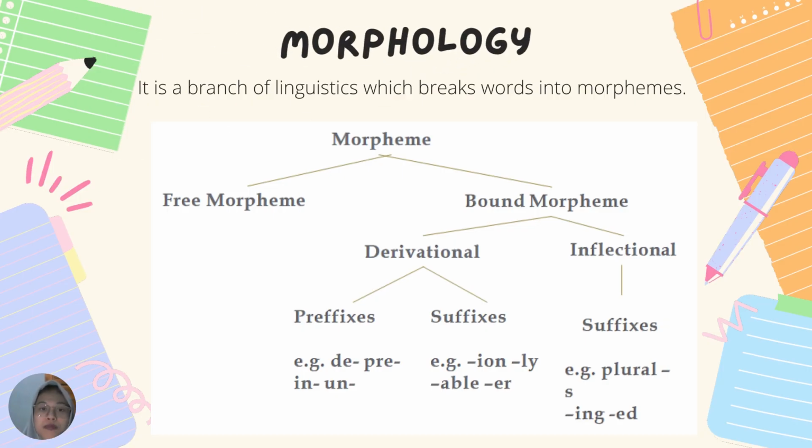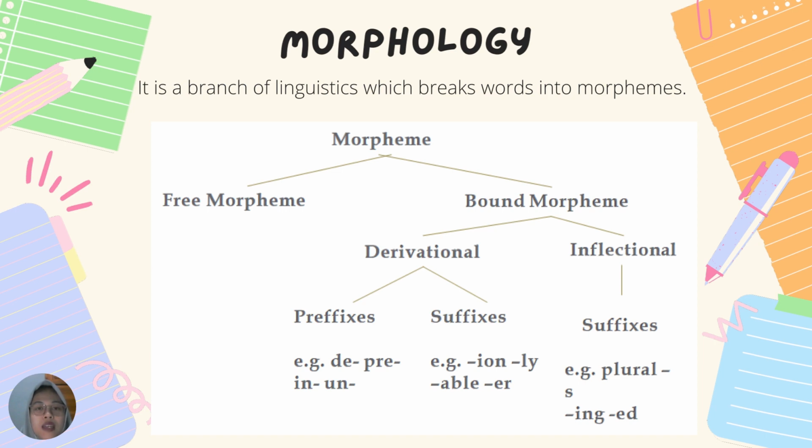Next, morphology. It is a branch of linguistics which breaks words into morphemes. What are morphemes? A morpheme is the smallest unit of language. Morphemes are divided into two: free morpheme and bound morpheme.